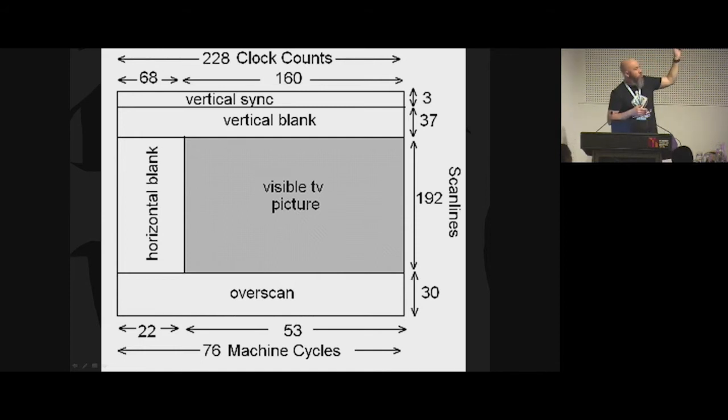So in between the physical electron beam going from one side to the next, you had to set up that register to put your data in there for the next scan line that was going to be drawn. All right? So you had effectively 40 pixels across, and you had to write to them every single frame in the H-blank. During your overscan, you could do a bit more game logic and set some other bits and pieces up. You had a couple of sprites that you could use. But it required a large amount of skill to make this thing actually work.